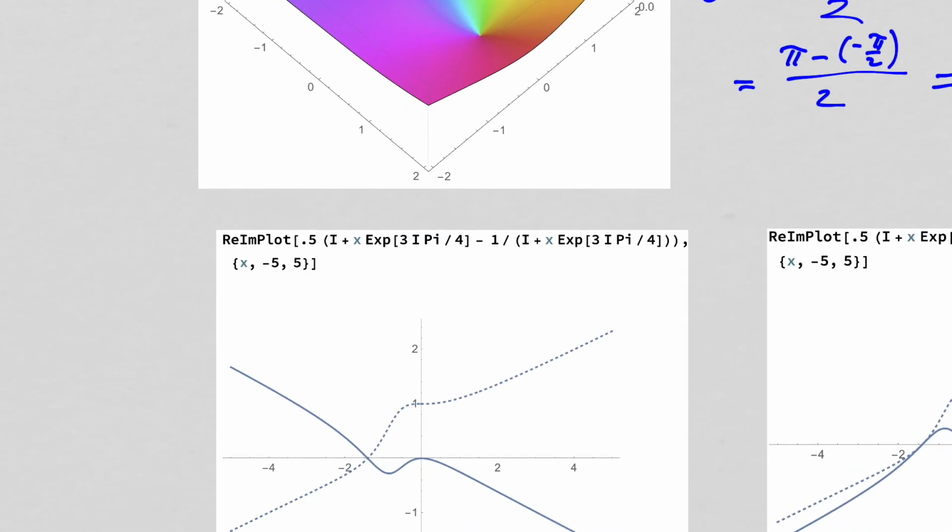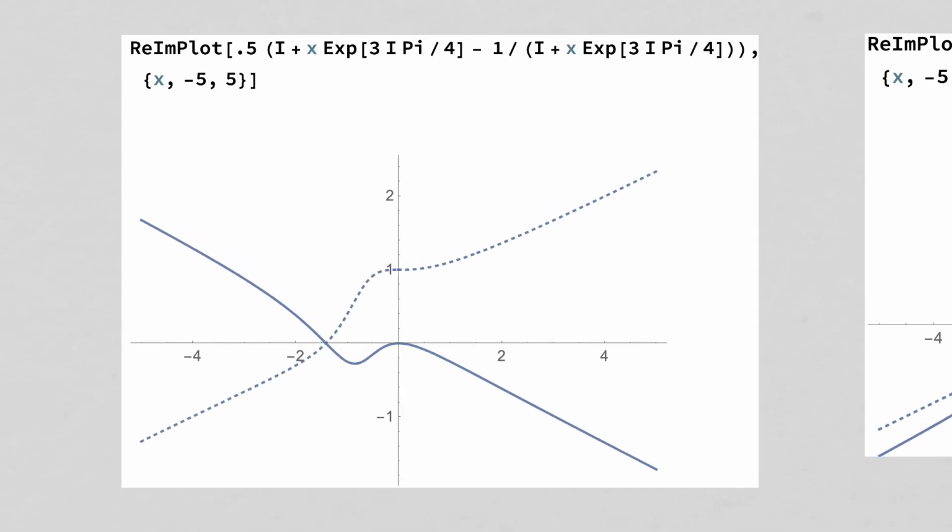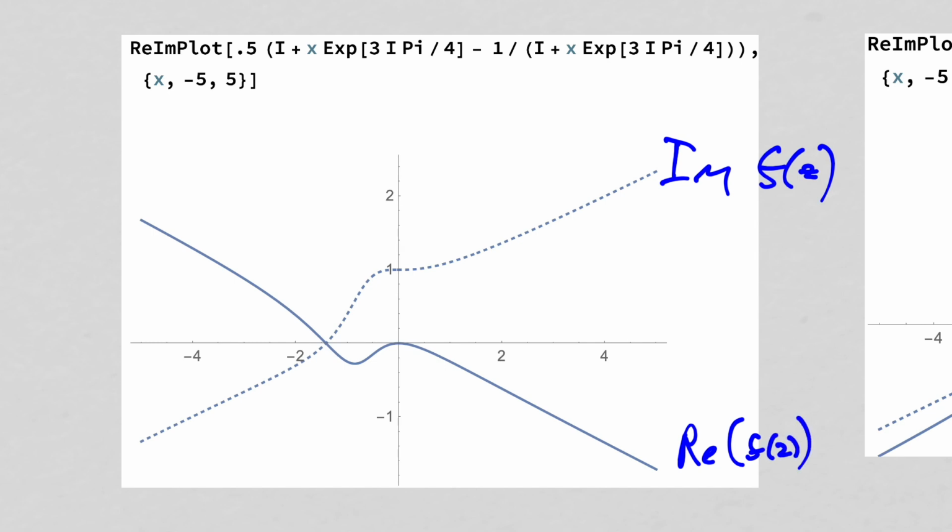And this is the graph of the real and imaginary part. This is the imaginary part of our function f of z, and this is the real part of f of z. And what you'll see is, and this is designed so that we're going through the point at an angle of 3 pi over 4, right?